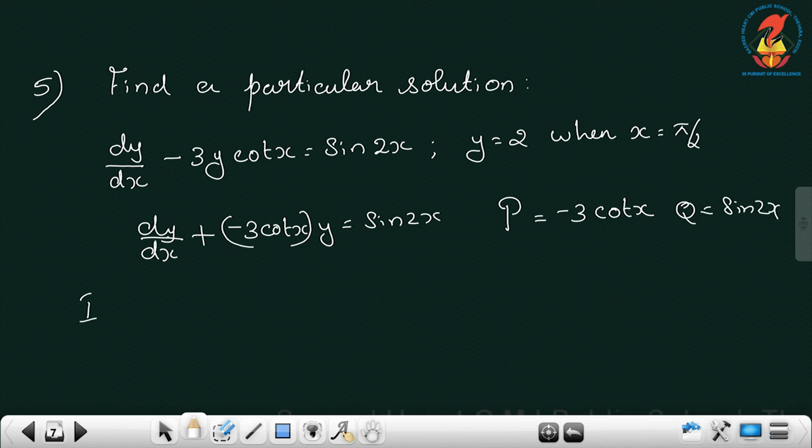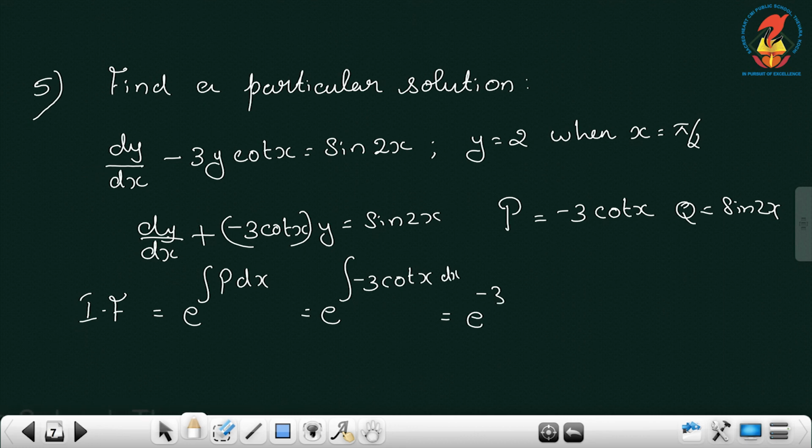Now what is the integrating factor? e raised to integral P dx. So e raised to integral of minus 3 cot x dx, taking the minus 3 out. The integral of cot x is log sin x. After that, this minus 3 you have to write as a power.